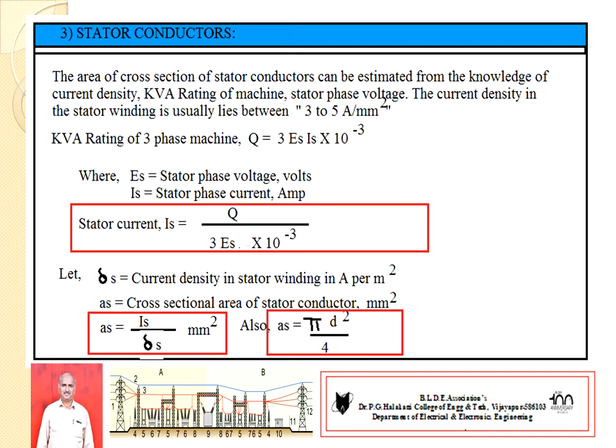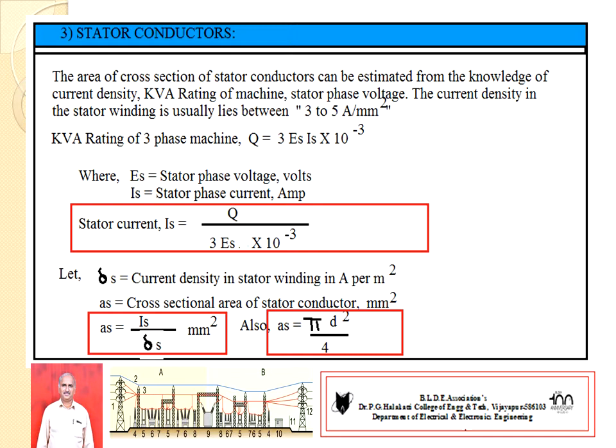After calculation of Is, we have to assume the respective value of current density in the stator winding. In standard assumption, this value varies between 3 to 5 amperes per millimeter square. After assuming the current density, it is very easily possible to calculate the cross-sectional area of the stator conductor. That is equal to current divided by current density.